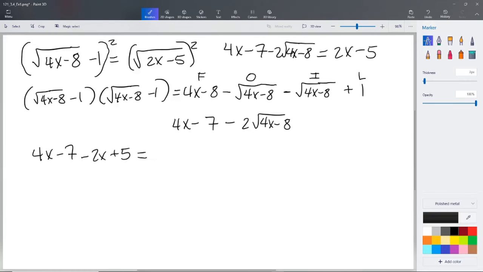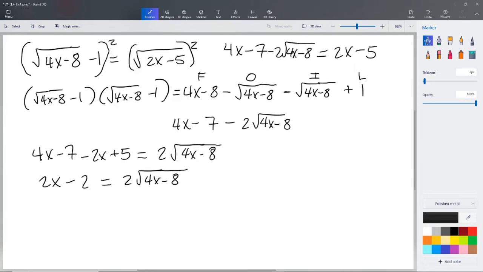And on the right-hand side, I'm bringing the 2 radical of 4x minus 8, and it's now a +2 rather than a -2. We can combine like terms over here. I've got a 4x and a 2x, that's going to be +2x. I've got a -7 and a +5, that's going to be a -2. Equal to 2 times radical 4x minus 8.